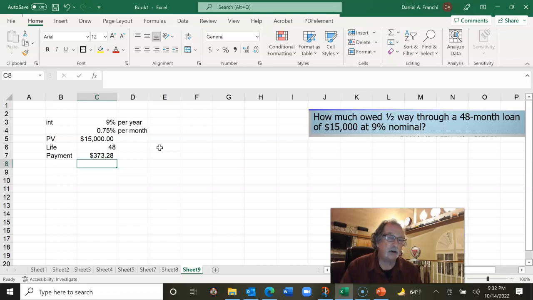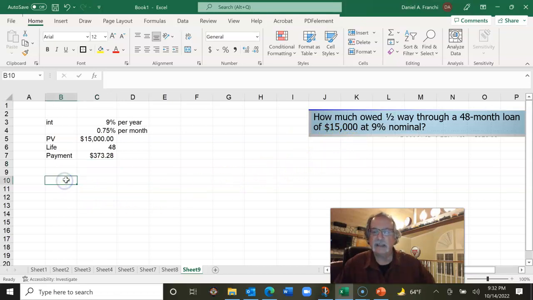You have not paid off the loan at all. When I say paid off, you haven't paid off 373 times 24, because there's interest in there. You also haven't paid off $7,500, because you're not paying off half of it; you're not making equal principal payments.